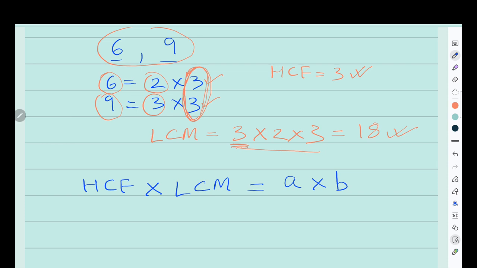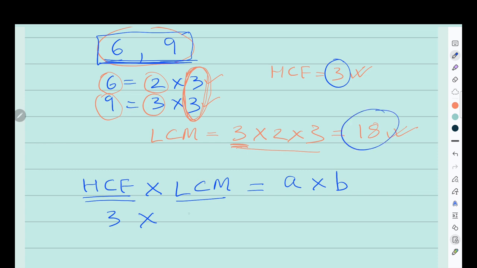Okay, so let us take this example and see whether it is true or not. What is the HCF of these two numbers? It is 3, multiplied by the LCM, which is 18.